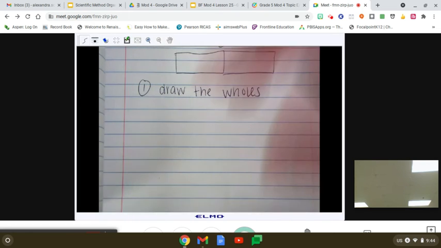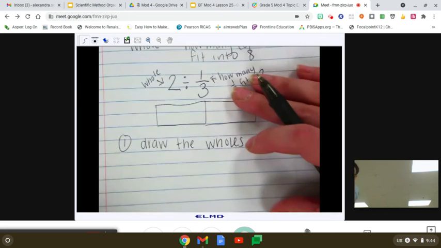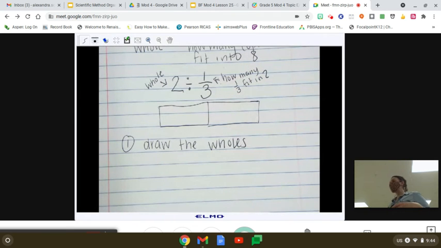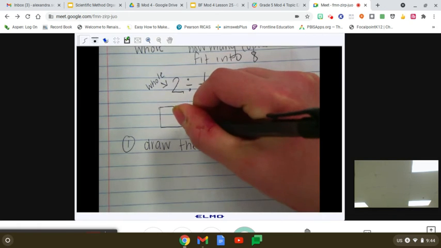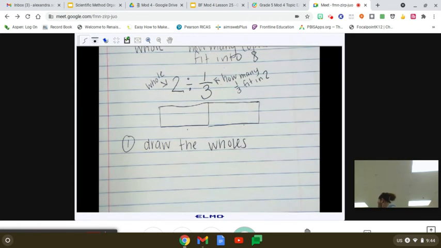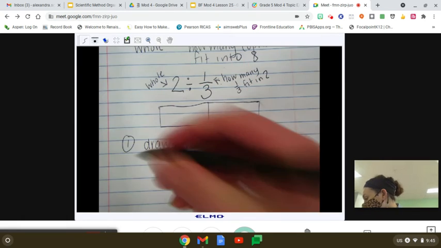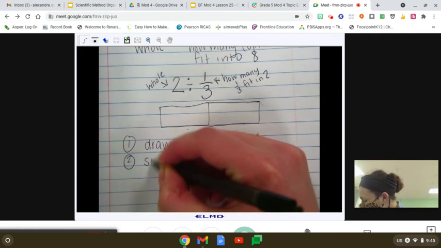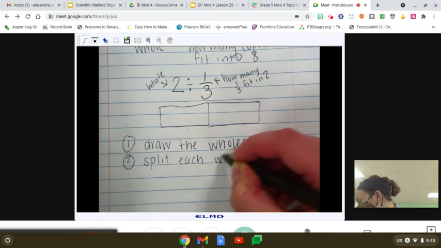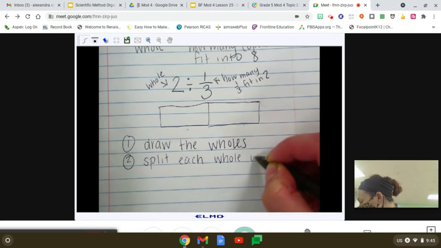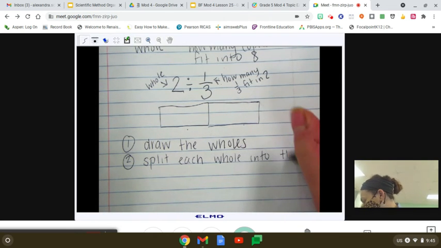So the next part that we would work on is splitting each whole. Here's 1 whole, here's 2 wholes. We would split each whole into thirds. So step 2 is split each whole into the fraction.